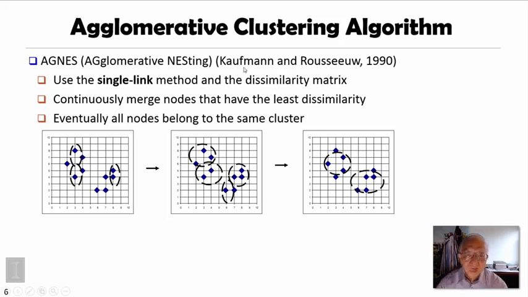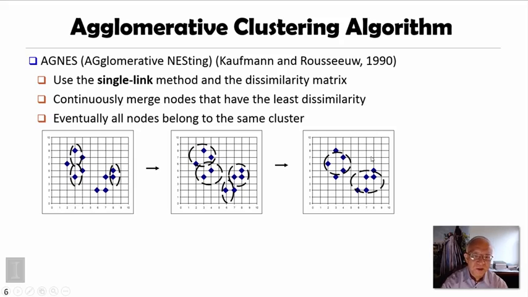In Kaufman and Rousseeuw's 1990 book, they described one algorithm they call Agnes, or agglomerative nesting. This algorithm uses the single link method, or nearest neighbor method, and the dissimilarity matrix to continuously merge nodes that have the least dissimilarity, or the nearest neighbor.